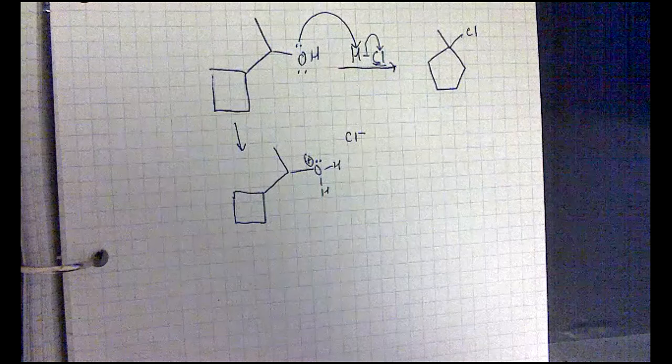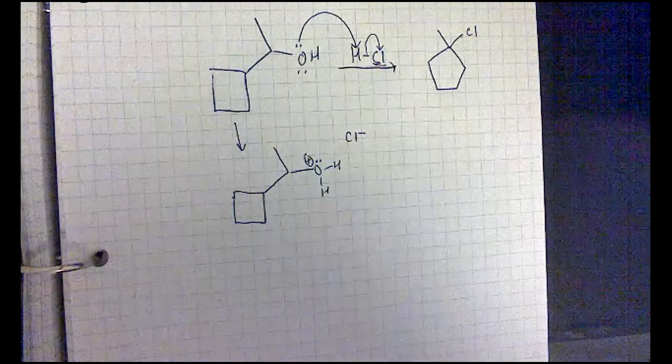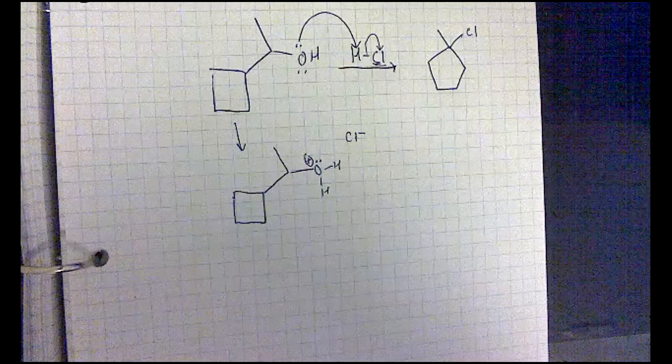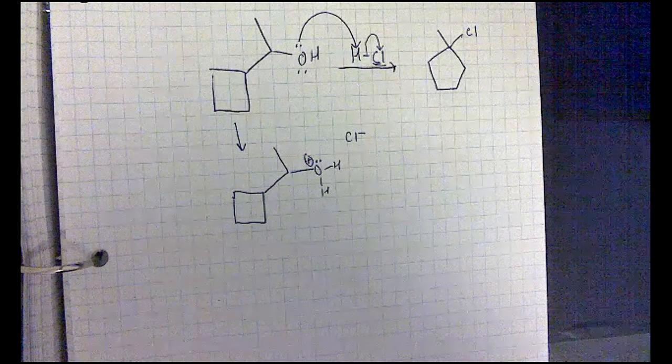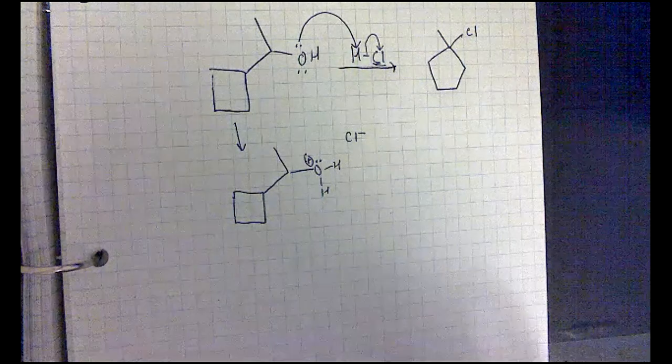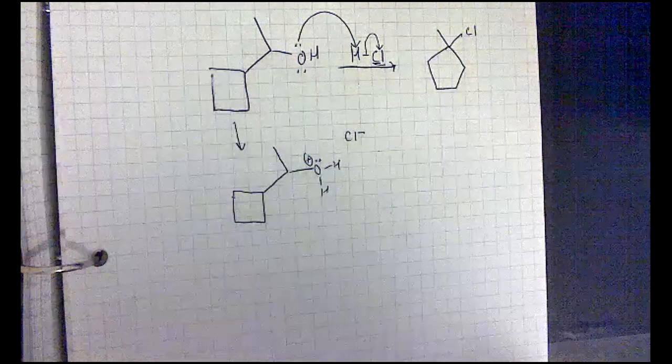So this is an SN1 reaction, but Gwen, do you have any idea what is a good indication that this is an SN1 reaction? Think about your starting product and your ending product. There's a rearrangement that happens.